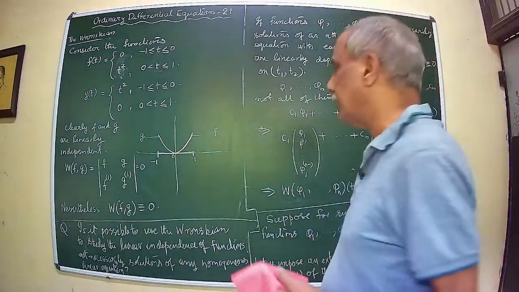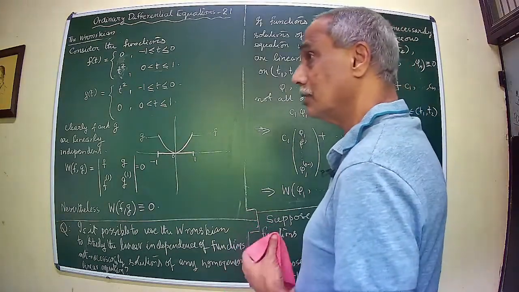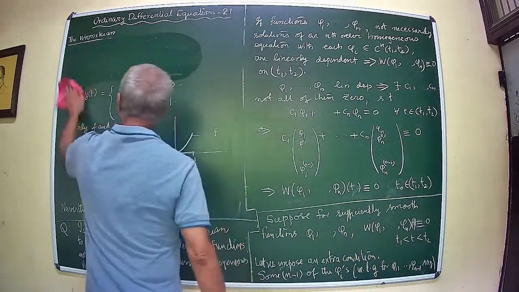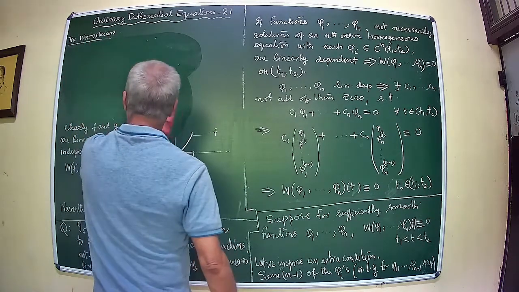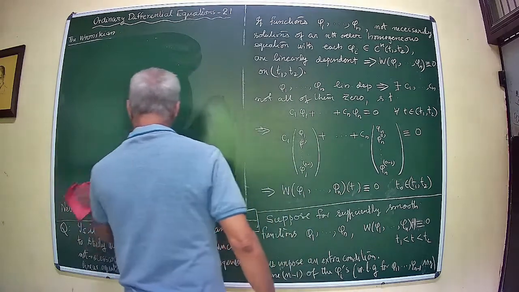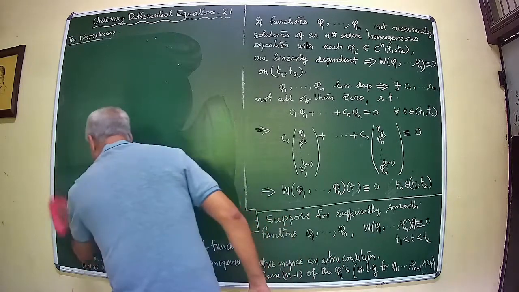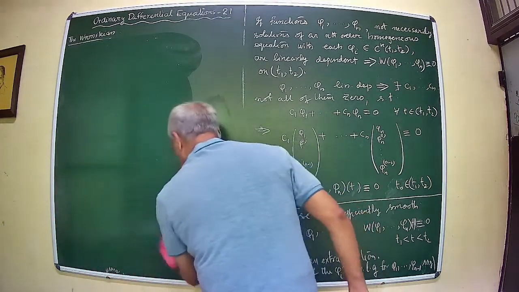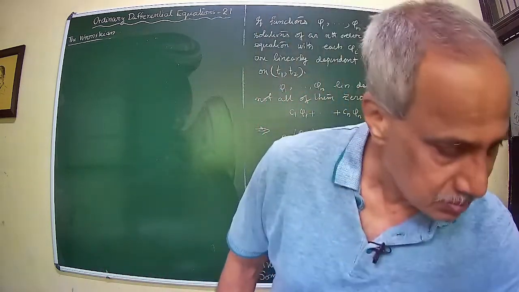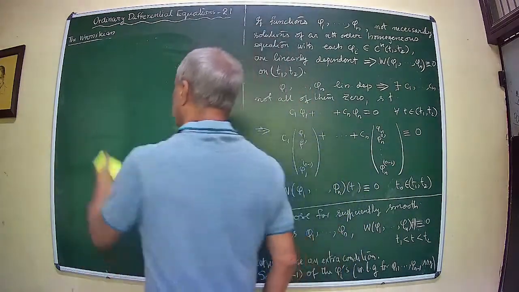We assume that the corresponding Wronskian is not equal to 0.